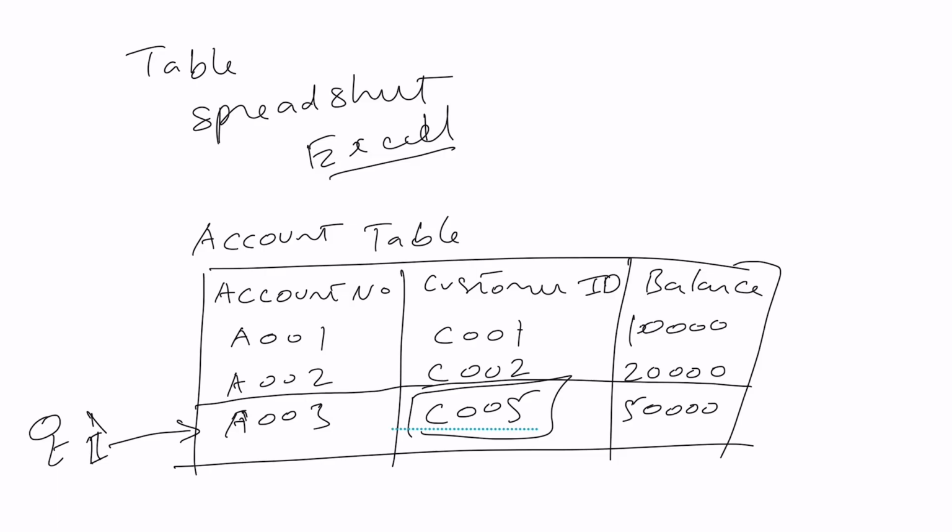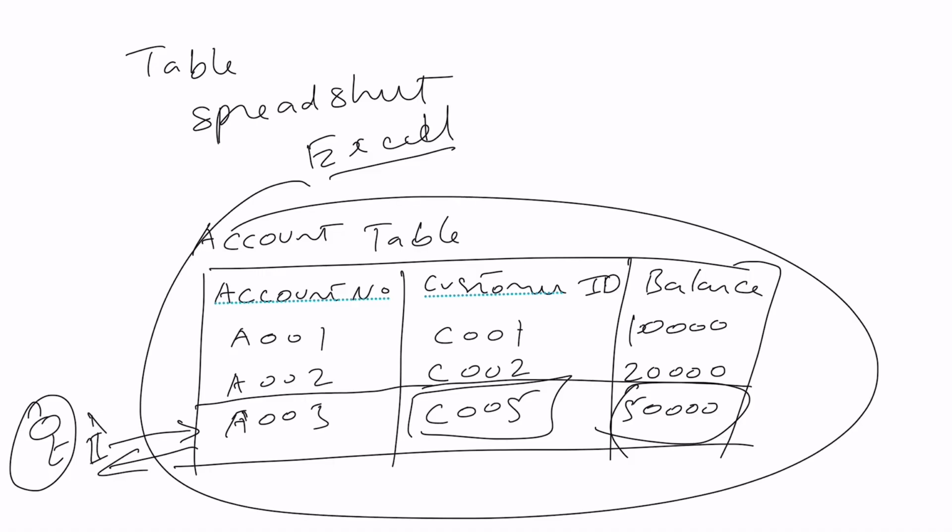Okay, because you'll fetch the balance basis an account number, because a single customer ID can have multiple account numbers. By the way, this is a banking example which I have taken. So A003 account number, what is the balance? If this customer checks, then he will get this number in response. Why is he getting this number in response? Because this table is maintained somewhere in a database. Okay, so that is the whole idea of a database.